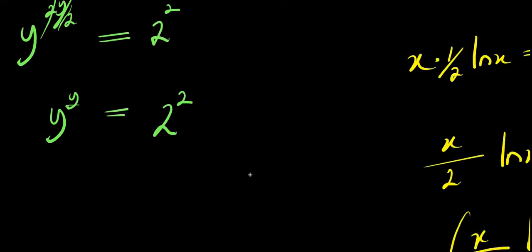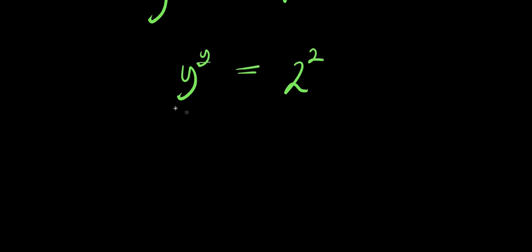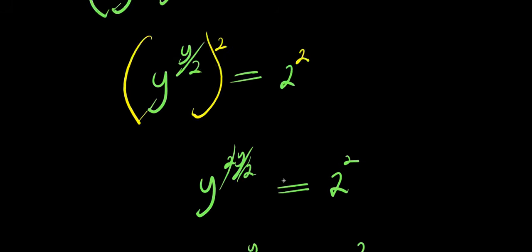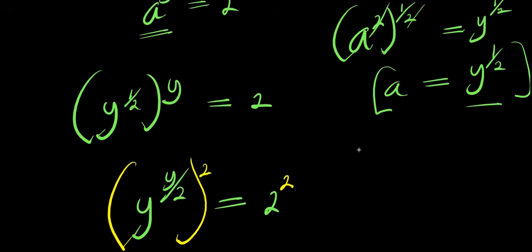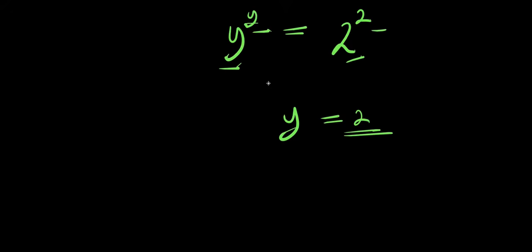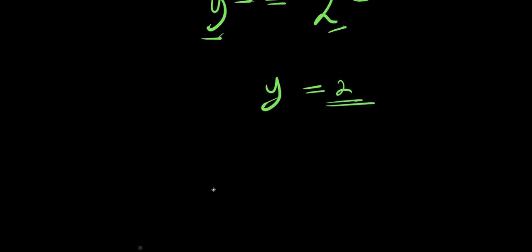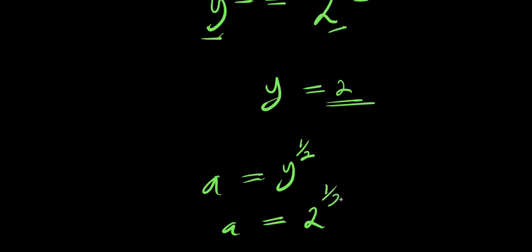So from here, remember, this and this are the same, this and this are the same. We can have y equals 2. If y equals 2, what is a? a is y^(1/a). I come here. a is y^(1/a). That means a is 2^(1/2).